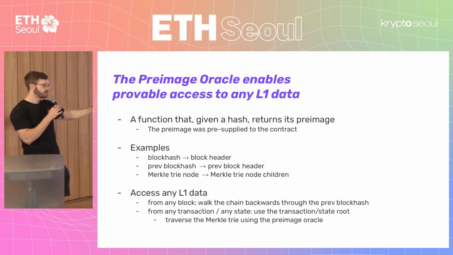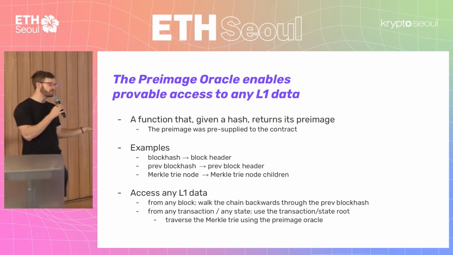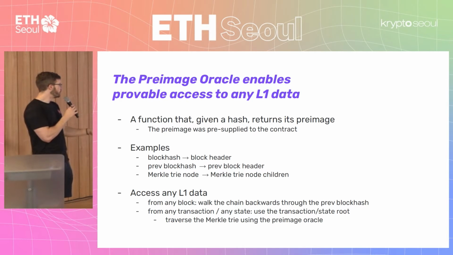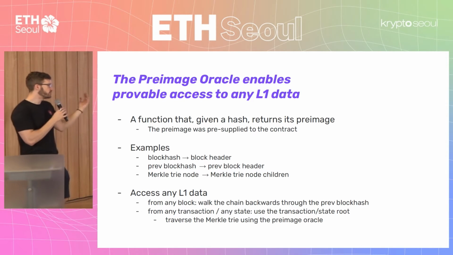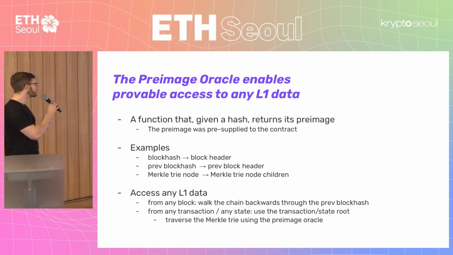So you go to the block you want, and then you find the Merkle root for the state at that time, or for transactions at that time, and you can go down there and prove any state via the pre-image oracle. This works because a Merkle tree is a tree of hashes, and the next slide will show this graphically, so it will be a bit more understandable.